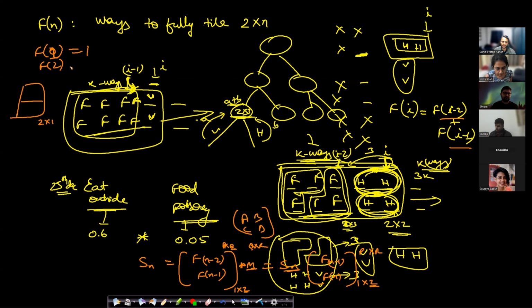If I have two columns, you can do it in two ways: two horizontal bars or two vertical bars. So f of 1 and f of 2 I know. F of 3 is 5, I think, as given in the answer set. You can fill up these values, find the magic matrix, and then find the exponentiation for the nth step and get this done.